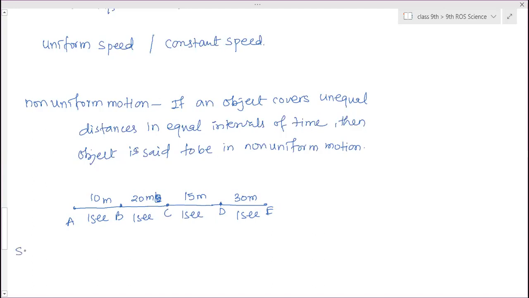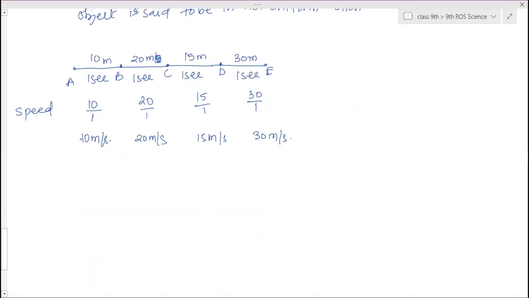And the speed is also not uniform. Speed is also changing. In the first, moving from A to B, speed is 10 meter per second. In the second case, it is 20 meter per second. In the third case, it is 15 by 1, means 15 meter per second. In the fourth case, it is 30 by 1, that is 30 meter per second. So in every interval of time, the speed is not constant.